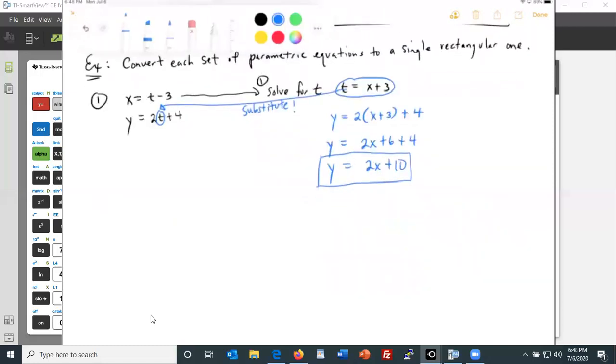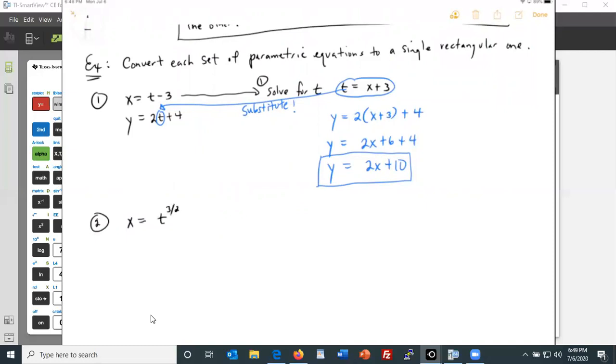Let's do another. Let's do some that involve a little more thinking, a little bit more algebra. Okay, so how about x equals t to the 3/2 plus 1, and y equals the square root of t.